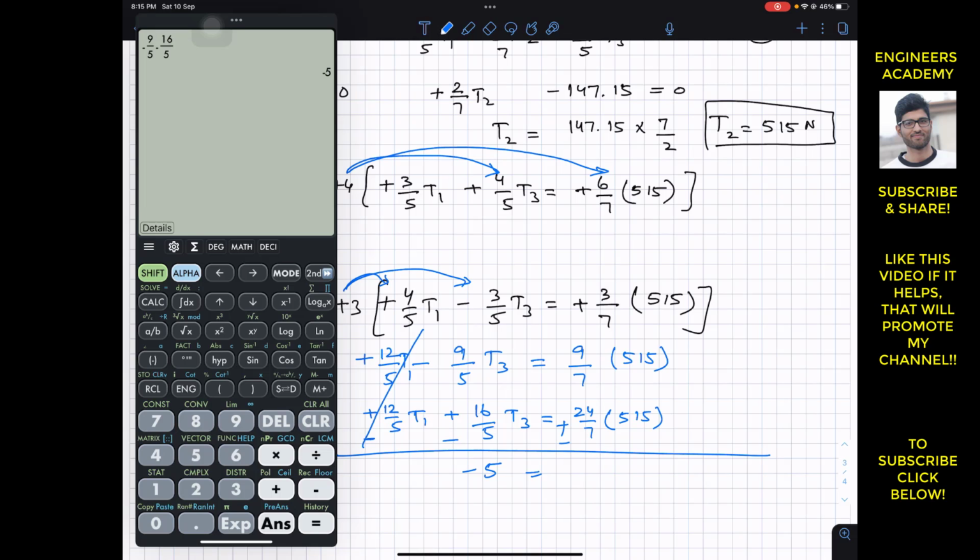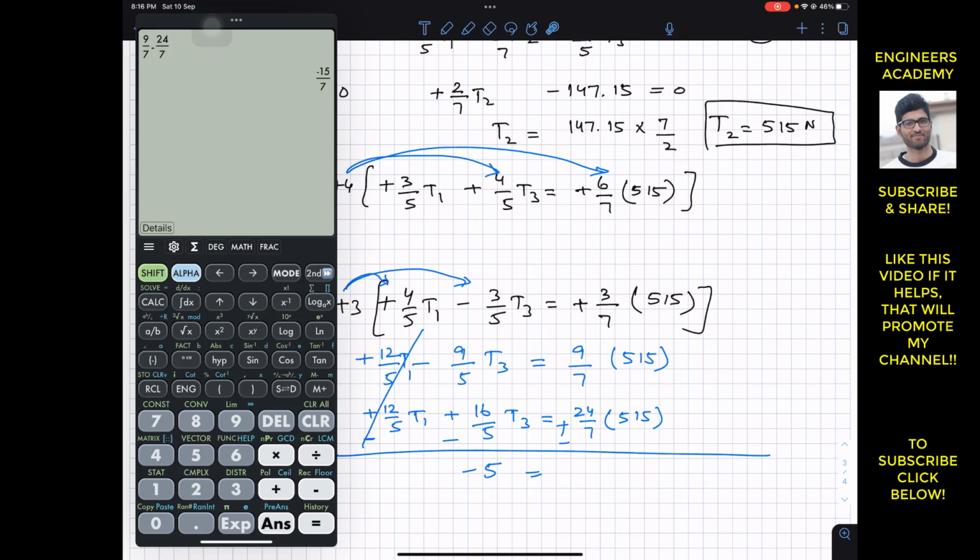And now we need to add up these two numbers, right? Since this is 515, this is 515, if we add up both of these coefficients, just like this T3, so let me add up these. So this is 9 divided by 7 and minus 24 divided by 7.